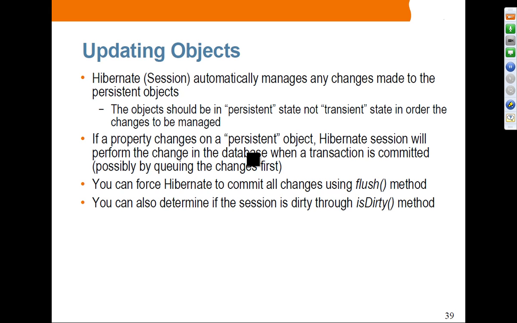Whatever changes you make, if you want those changes to be reflected in the table, the object must be in persistent state. Any changes that you make in transient state or detached state are not going to be reflected in the table. If a property changes on a persistent object, the Hibernate session will perform the change in the database when the transaction is committed.